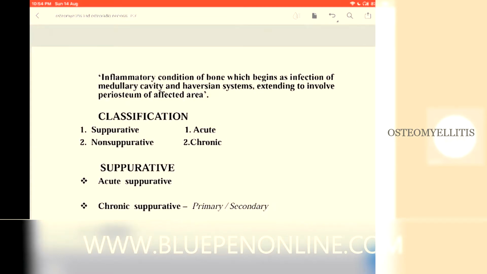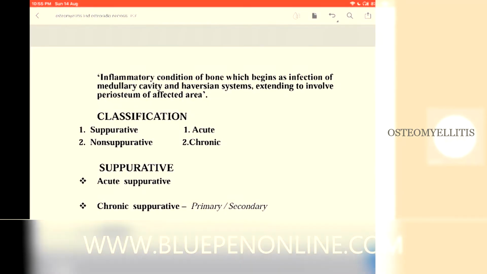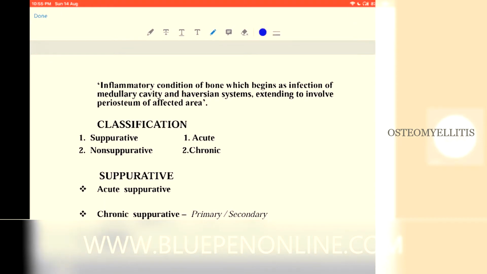To define osteomyelitis, we have a very good definition given here. It is the inflammatory condition of the bone which begins as infection of the medullary cavity and Haversian systems, extending to involve the periosteum of the affected area. Before reading this definition, it's very important to bring the picture of the anatomy of bone into your mind.